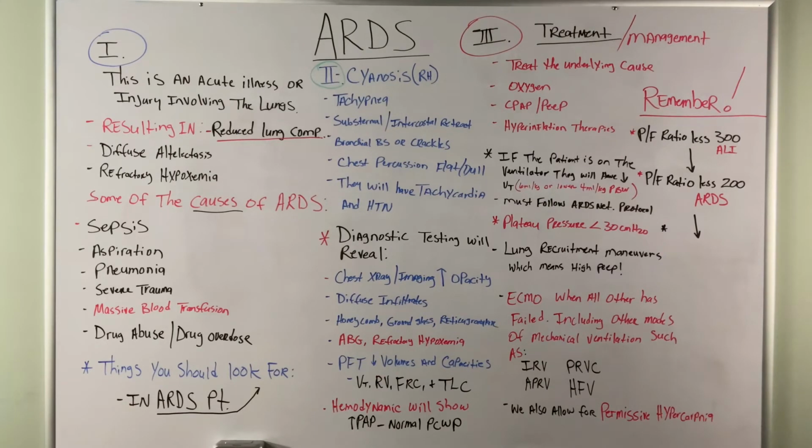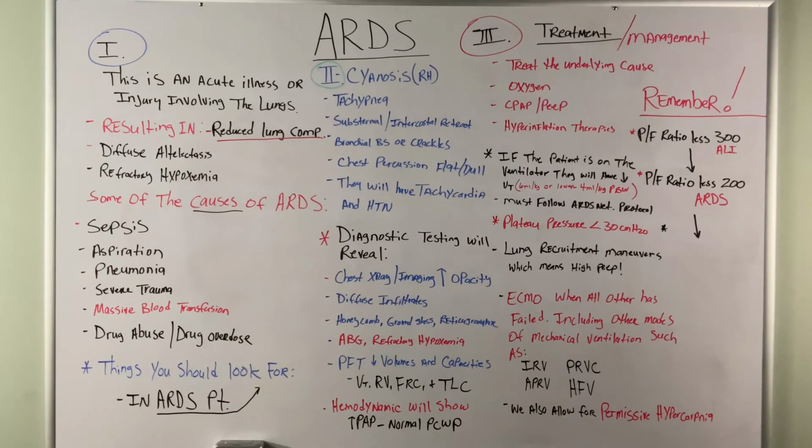But the imaging of the chest will show increased opacity, diffuse infiltrates, and without a doubt, if you see honeycomb, ground glass, or reticular granular type of words on the chest x-ray, there should be no doubt in your mind that this patient is diagnosed with ARDS.